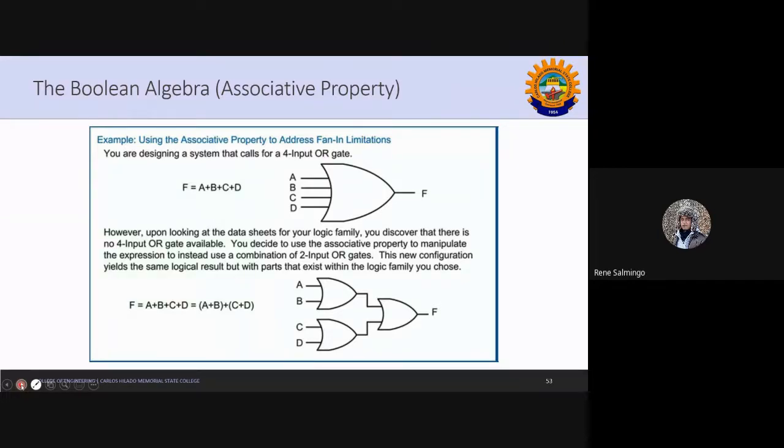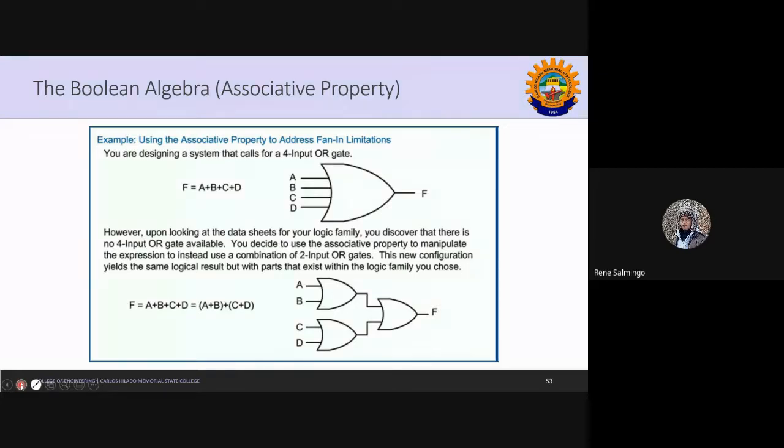How about this? This is an example of functional simplification. If you want to see what is inside the 4 input OR gate, you will have the following.